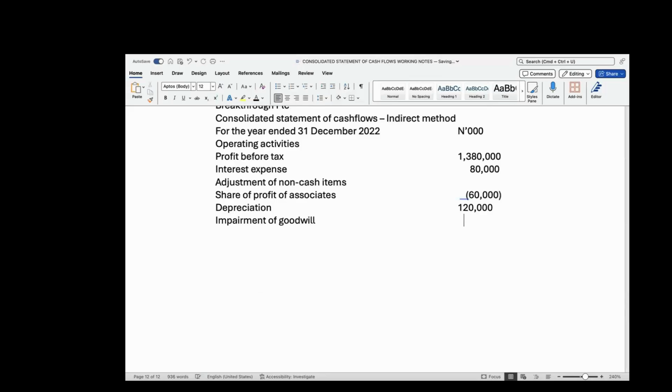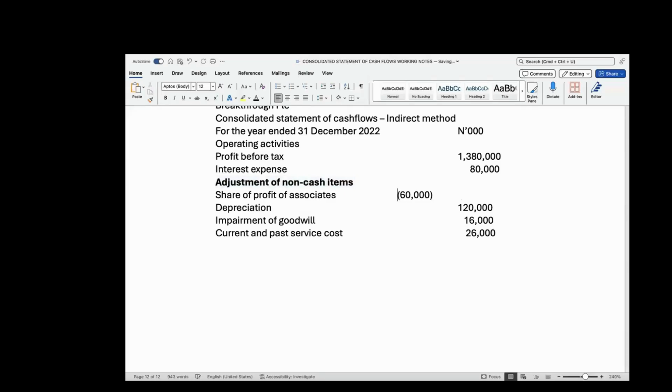Again, to add it back. Impairment of goodwill. And also, remember there was a current and past service cost that we identified of 26,000. So these are my non-cash items here.